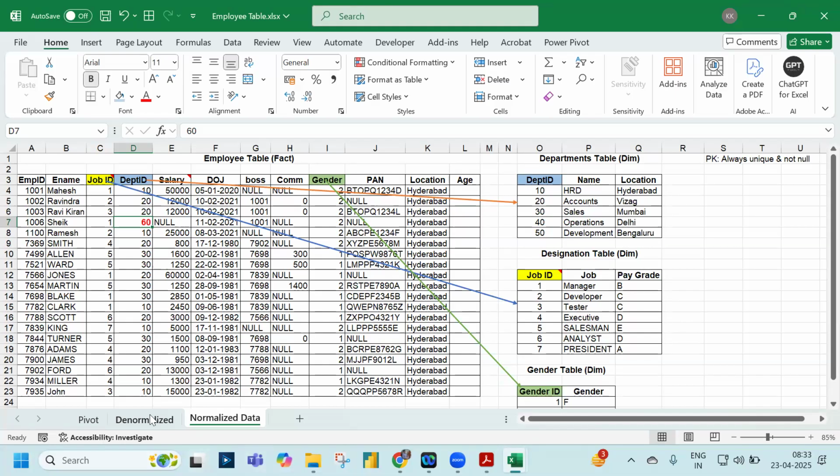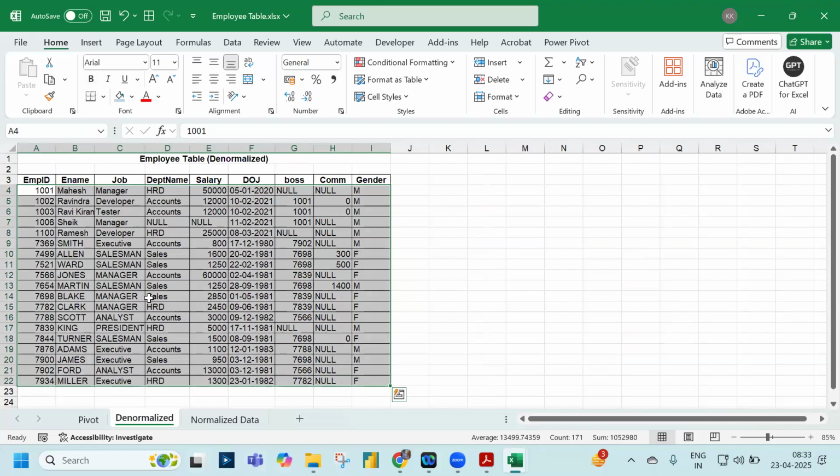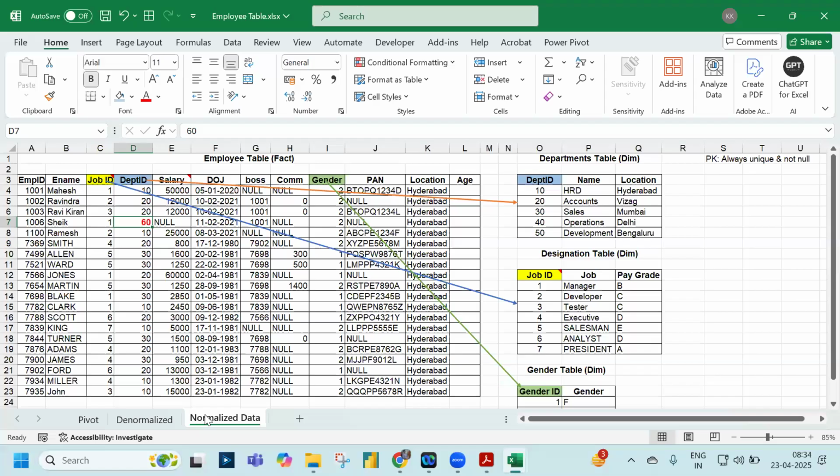Exactly. If everything is there in one table, it is easy for us to create a report, right? Simple pivot tables, dashboards, slicers, and everything can be done on one table. You get the point. Denormalized data, we all feel very comfortable working with, but the reality is all our databases are normalized. So that means we definitely need to work with normalized data.